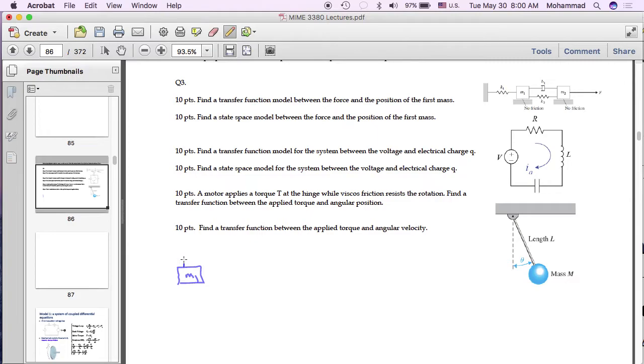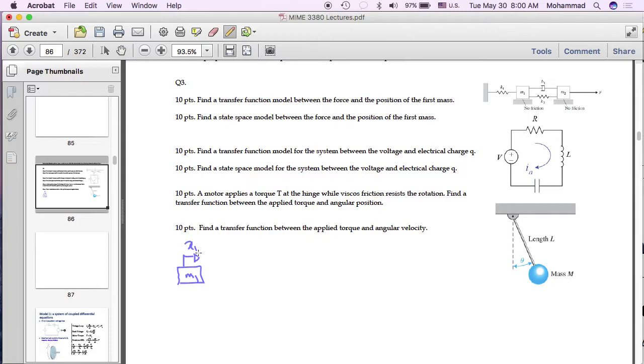M1, I had a question, I believe, in the last class about what this x1 really is, and I explained that, and it makes sense to repeat that explanation. x1 is 0 when this mass is at static equilibrium.